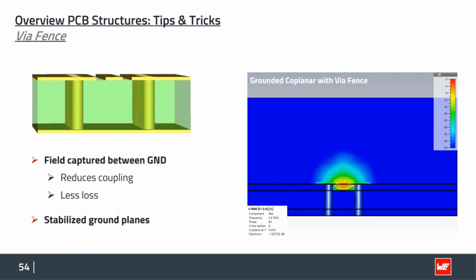A rule of thumb would be that the distance between the vias in the via fence is about 4 times the gap width between the transmission line and the ground planes, or about 1/10 to 1/20 of the wavelength you want to transfer.